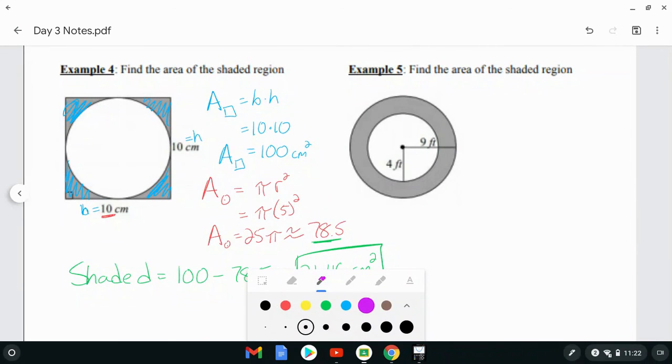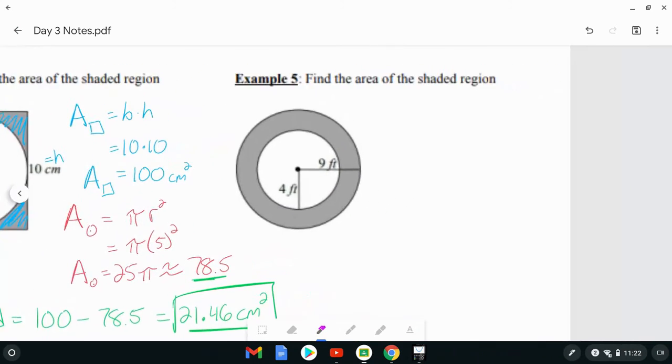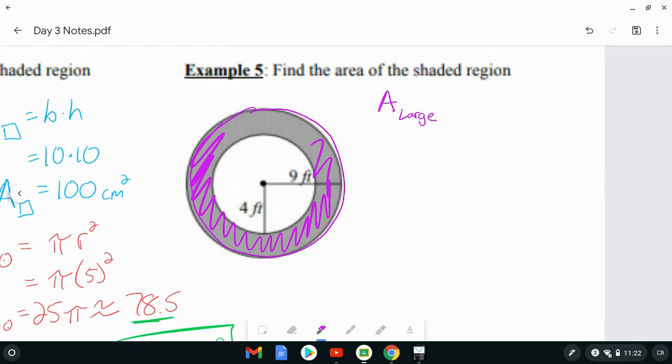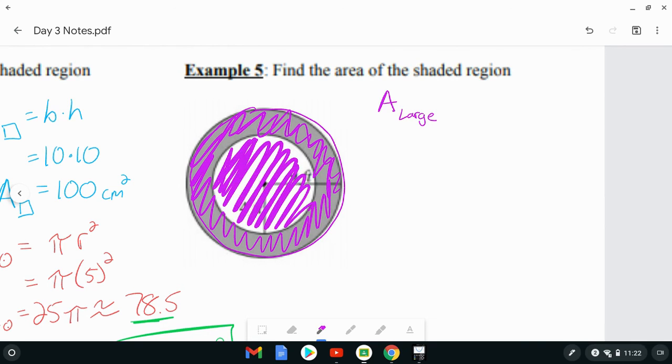For example 5, the last one we're going to do here, it's very similar, except now we're just dealing with 2 circles. So let's do this again. We want to find the area of the large circle, which is this full part. So that full area is not only the shaded region, but it's also including the white region. So that's the whole area we're going to find.